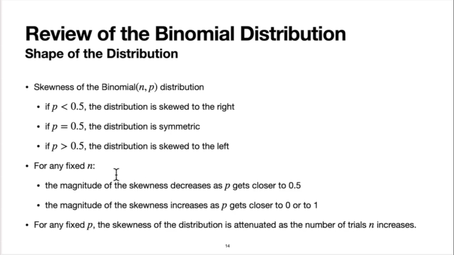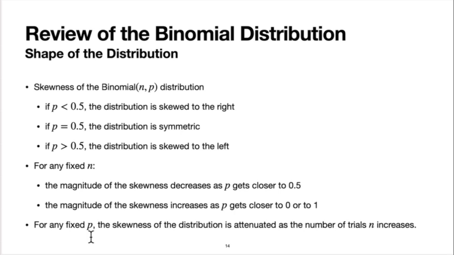Now, we've been talking about a fixed value of n. Now let's fix p, and let's talk about what happens as the number of trials increases. We know that if p is less than 0.5, then the distribution is skewed to the right. It's got positive skewness. So let's fix that value of p, and think about what happens to the skewness coefficient as the number of trials increases.